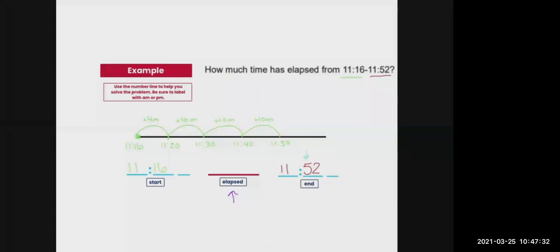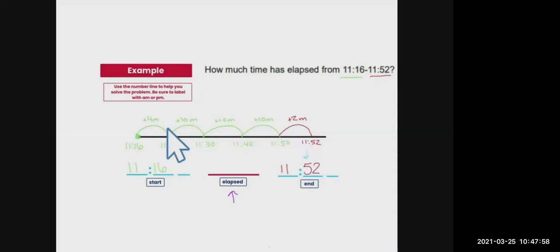From 50, my end time is now going to be 11:52. I'm ready for my end time. From 11:50 to 11:52 is only plus 2 minutes. So I've gone from my start time of 11:16 in increments on my number line to 11:52, my end time.